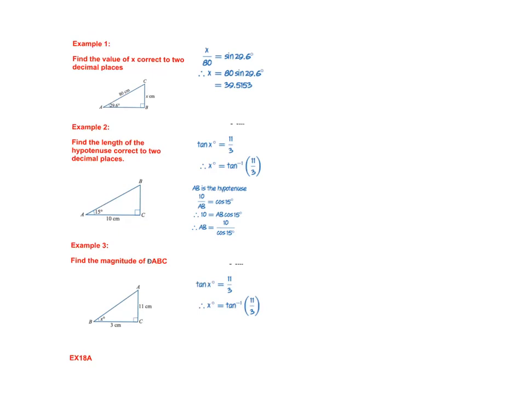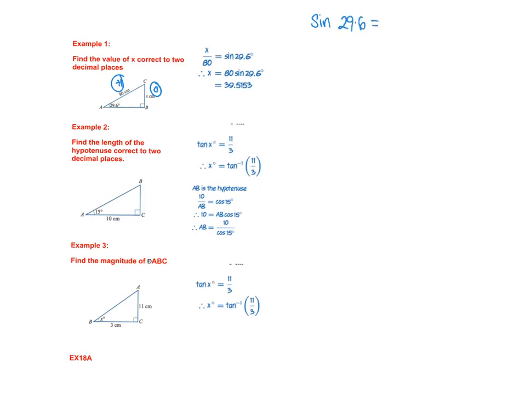All right, so let's go have a look. So we've got a few examples here. Now, you can do it the way they said, but your main bet is that you label up your triangles. So yes, I've got a right angle triangle, I've got the opposite side and I've got the hypotenuse side, so I know I'm using sine. And you can just type it in like the rule.